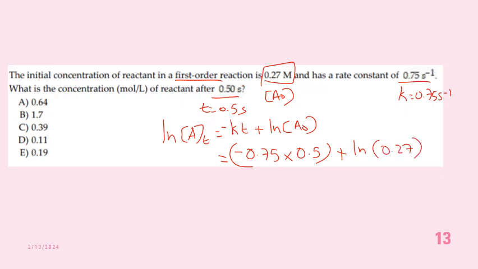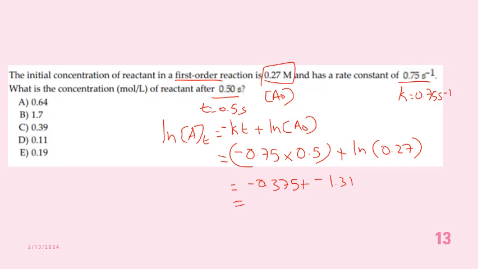When you plug it in the calculator, when you multiply 0.75 times 0.5, this is negative 0.375, plus ln 0.27. Look in the calculator, ln, and 0.27, close the parenthesis, and we will get negative 1.309. So I am just rounding that one.